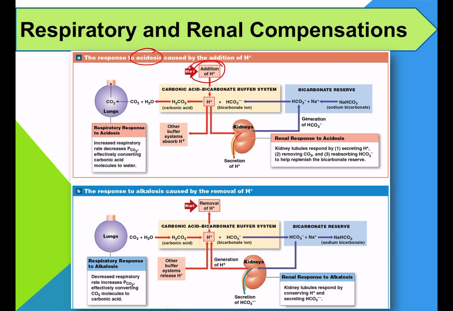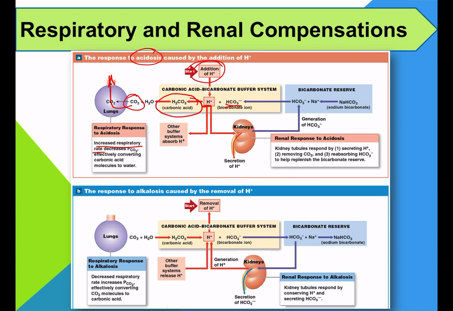Through your respiratory system, your extra hydrogen ions will combine with bicarbonate ions, forming carbonic acid, which will form more carbon dioxide in the body, which can be expelled from your lungs. So your lungs will then increase respiratory rate to get rid of all that CO2, increasing your pH back to normal. How about your kidneys?